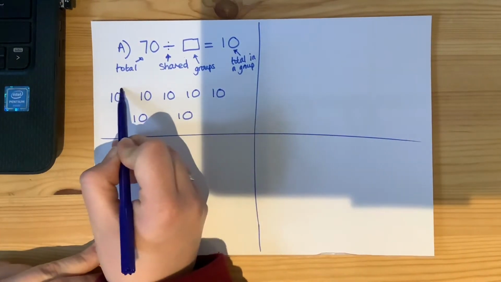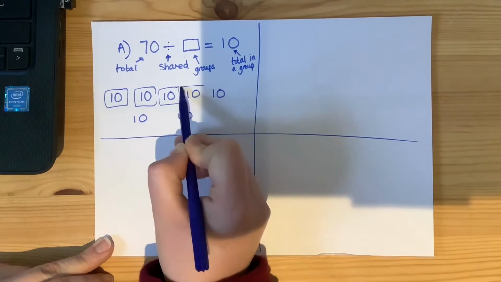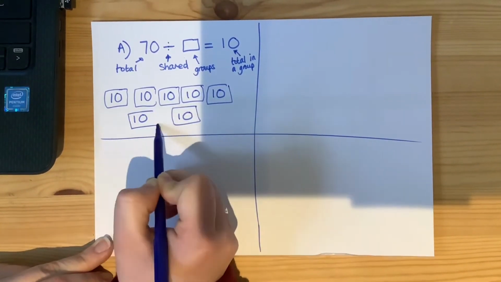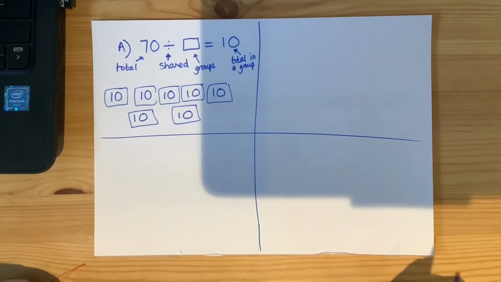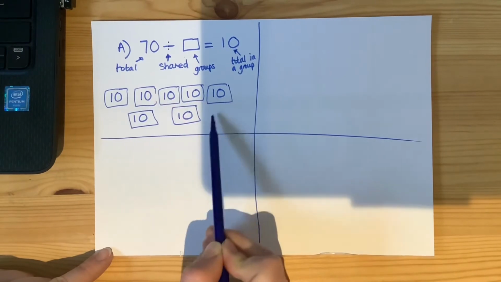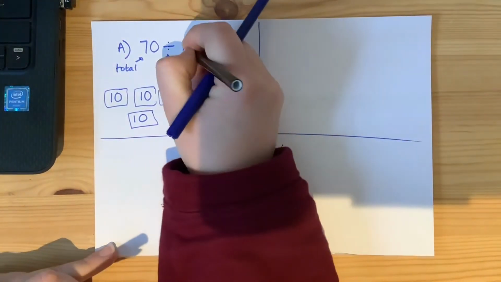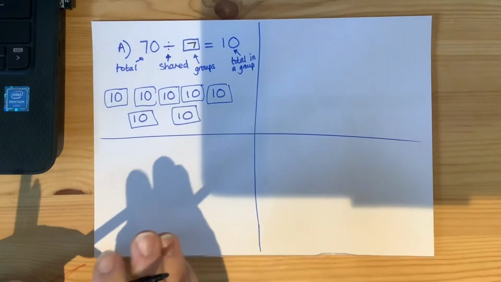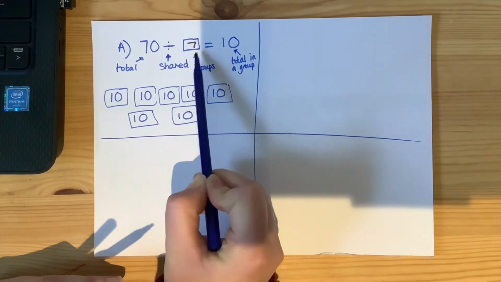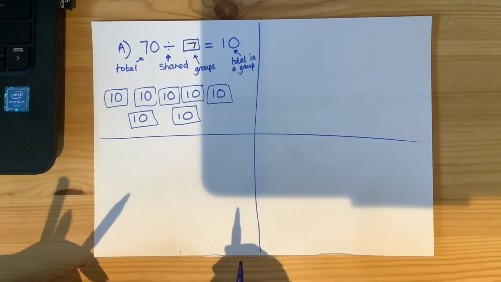Now there I have 1, 2, 3, 4, 5, 6, 7 groups of 10. So that tells me that 70 shared into 7 groups leaves me with 10 in a group. So remember, you can always draw it. This is your total shared into this many groups, gives you this amount in each group.